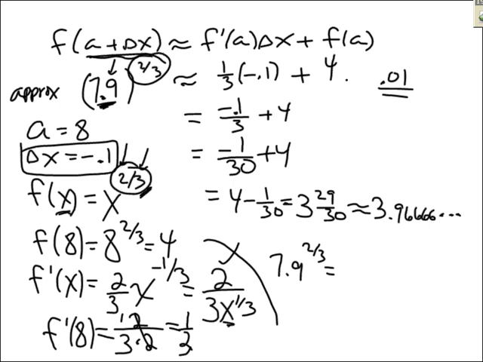Okay, 7.9 raised to the 2 divided by 3 power. And that gives me 3.96659596. If I round off to this place, since this number is 5 or more, I need to bump up the 9.